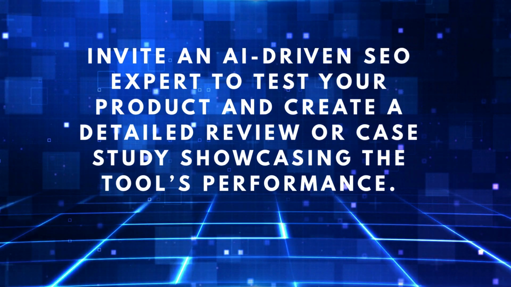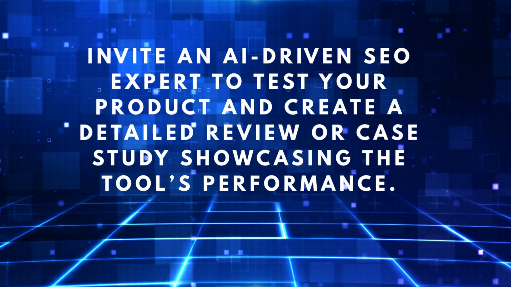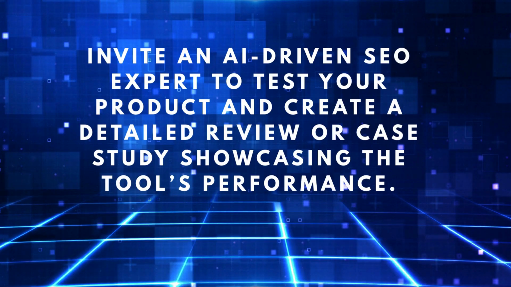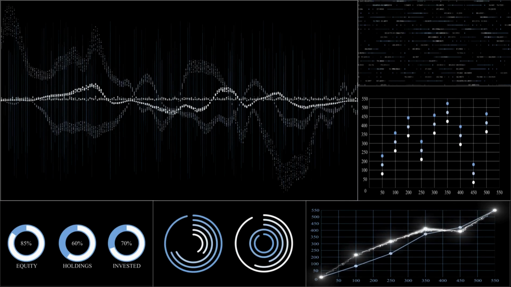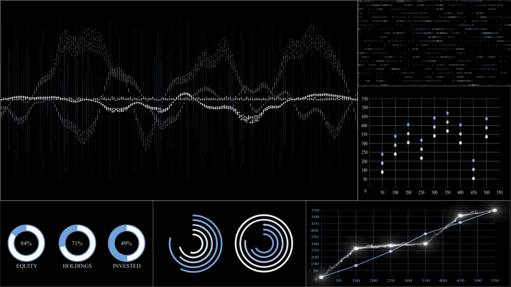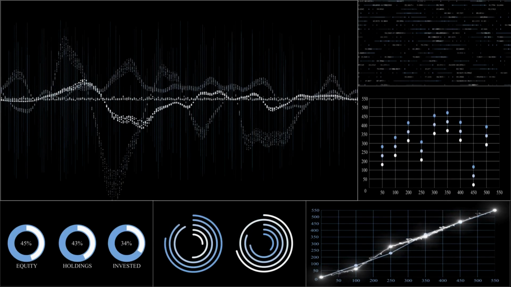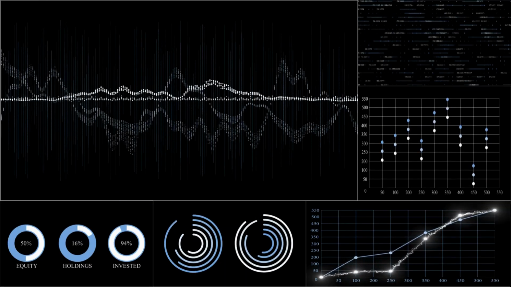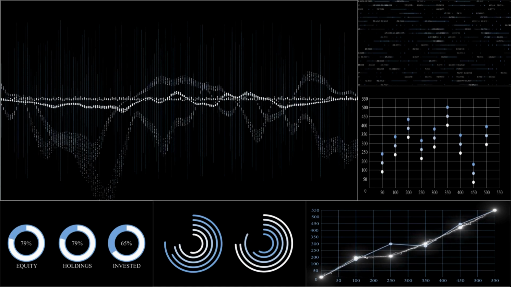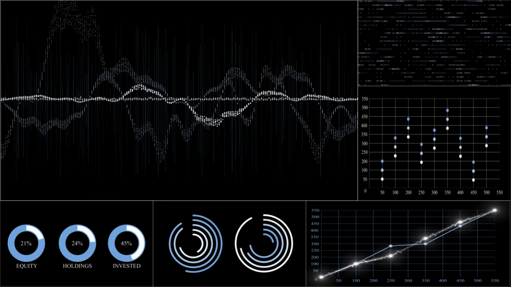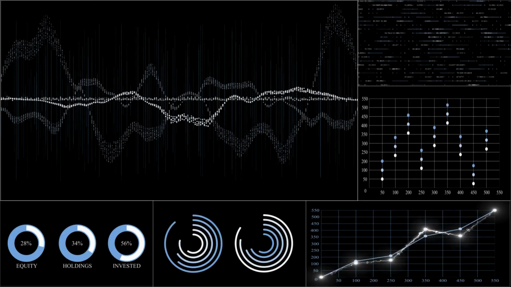Then this person would talk about your product through their YouTube channel or articles and talk about pros and cons. And this is how you attract buyers to your product. And if you have genuine reviews, then of course that will be reflected in AI search engines about your product.